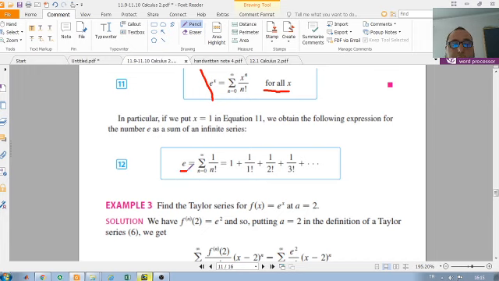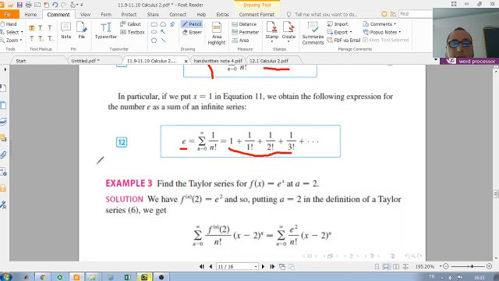This is a special number which is called the natural logarithm number, and its expression by using the power series expansion for exponential x can be in this form: 1 plus 1 over 1 factorial, plus 1 over 2 factorial, plus 1 over 3 factorial, and so on.